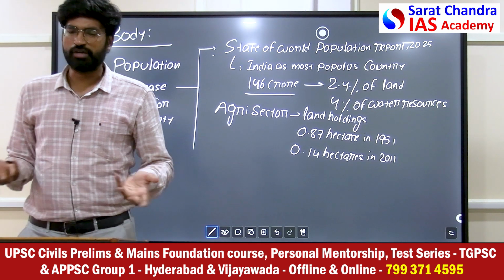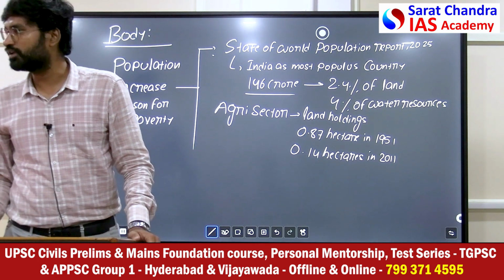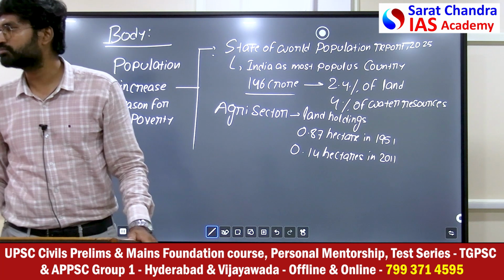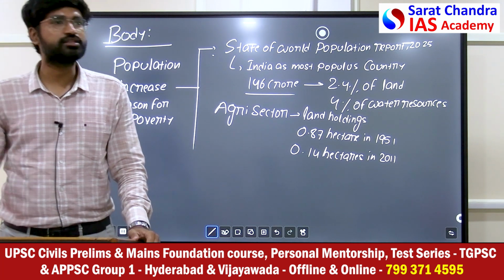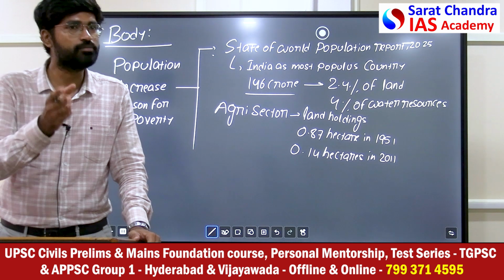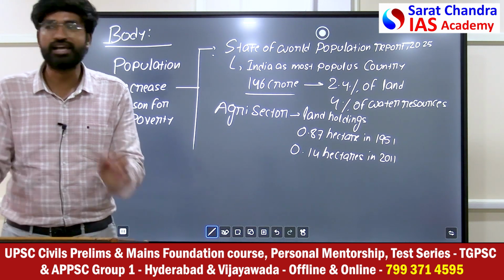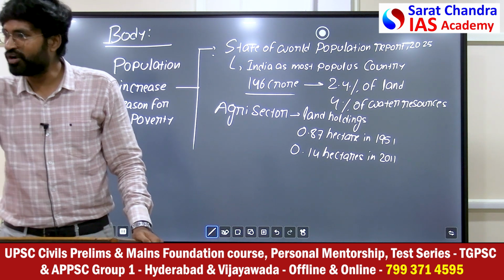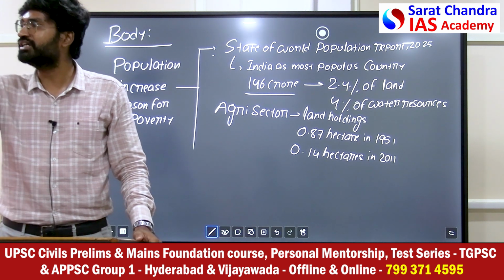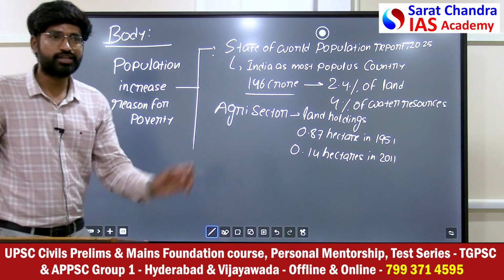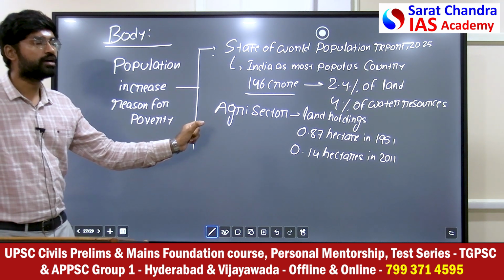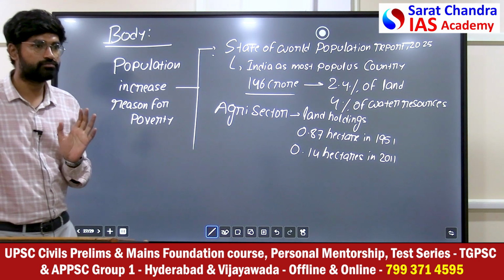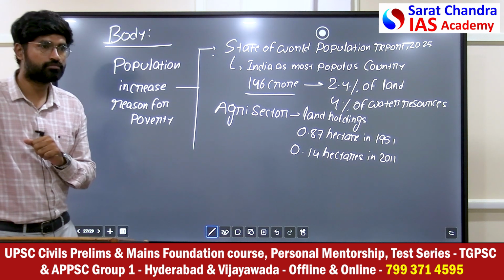If my father has only 2 children, the land will be shared between only 2. Now if my father has 4 children, the land will be shared between 4 people. The availability of land for each son reduces. So the land holding keeps on reducing because of increasing population, and that's how the limited resource has become still more limited. It is leading to poverty again.